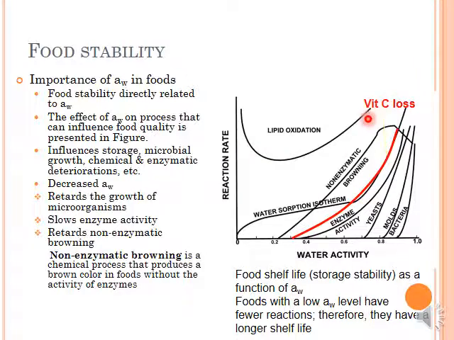Food at high water activity and low water activity is very prone to lipid oxidation, and it is minimum at this value here, around 0.2. So if food manufacturers produce lipid-containing products, the water activity is desired at this value because the lipid oxidation is minimum.